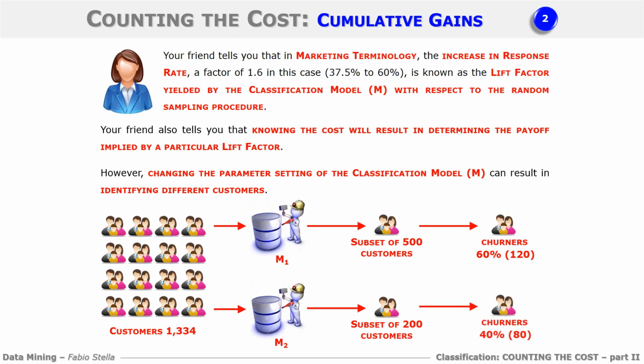You also know that this model is such that exactly 40% of the churners are correctly identified. So in this case, by using the classification model capital M2, you will be capable to correctly identify 80 churners out of the 200 churners that are included into the customer set.